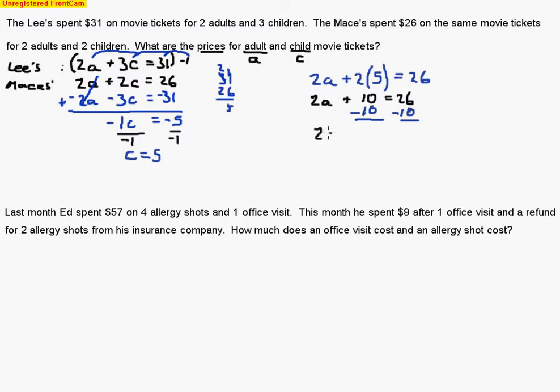And so from that point, all we have is just one more step, just one division problem, and then we've got a all by itself. So divide by 2, and there it is. So a equals 8. So the cost of an adult ticket is $8. The cost of a child's ticket was $5. So there it is.